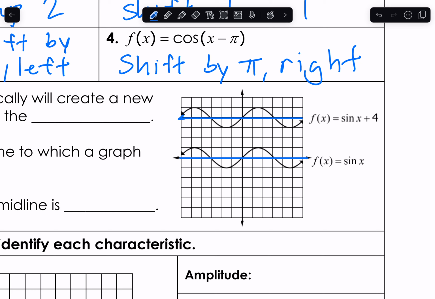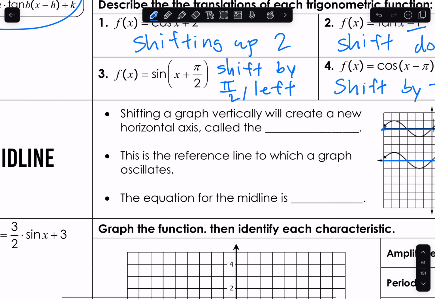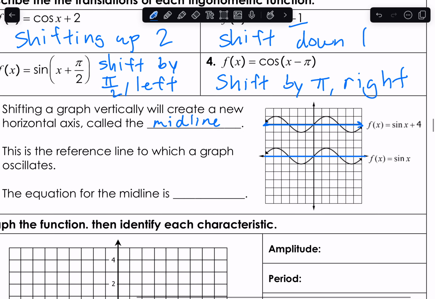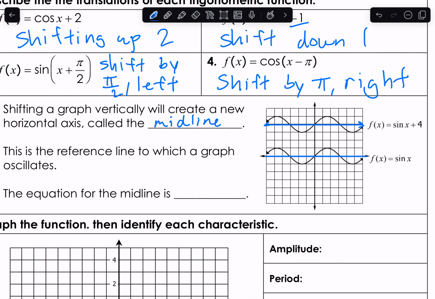My point of reference for my graph is now higher. It says shifting a graph vertically will create a new horizontal axis called the midline. It is the reference line about which a graph oscillates.